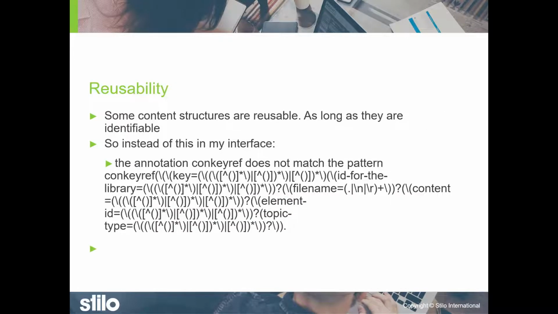So reusability. There are, of course, content structures that can be reused in the content as it's published in multiple formats. The most common things that we would reuse are things like copyright statements or notes or hazard statements, but there's many, many other things that can be reused as well.